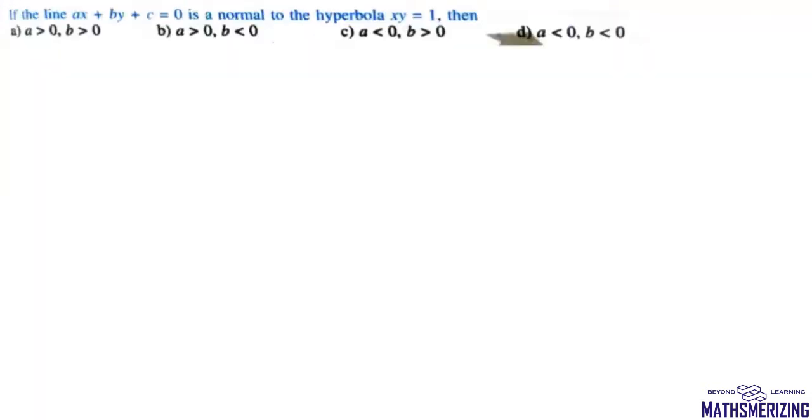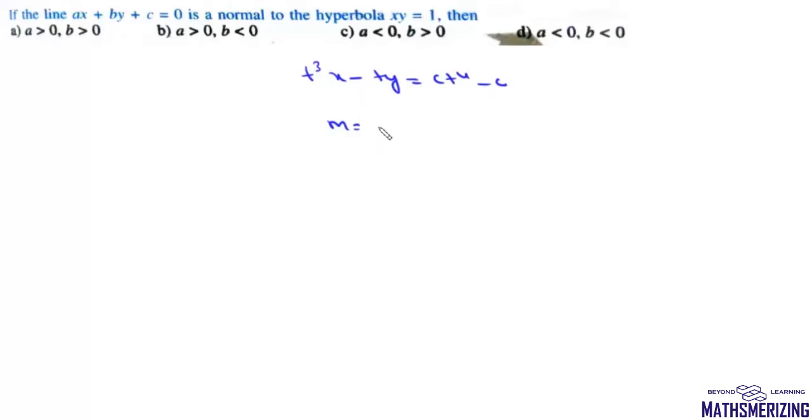Now here the question is, if the line ax plus by plus c equals 0 is normal to hyperbola xy equals 1, then which of the following statement is true? Now we know that equation of normal to rectangular hyperbola is t cube x minus ty equals c t to the power 4 minus c. Now what is slope of normal?